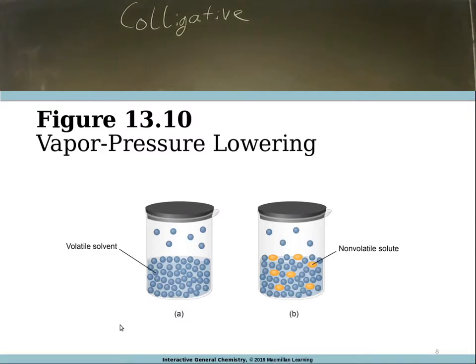So here we see on the left, if you have a volatile solvent, there's going to be some number of particles that are in the vapor phase at equilibrium. It'll have a vapor pressure. That happens because some of the solvent molecules that are on the surface are going to escape into the gas phase.